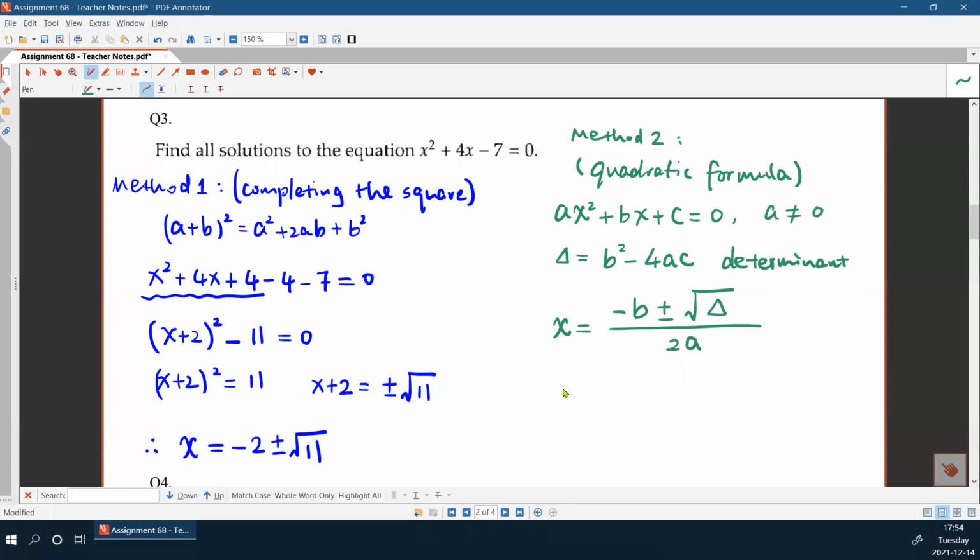Okay, then first, let's calculate delta. Delta equals b squared minus 4ac. So this is our b, right? So 16 squared minus 4 times a. A apparently is 1, right? And multiplied by c. C is a constant here, which is negative 7, right?